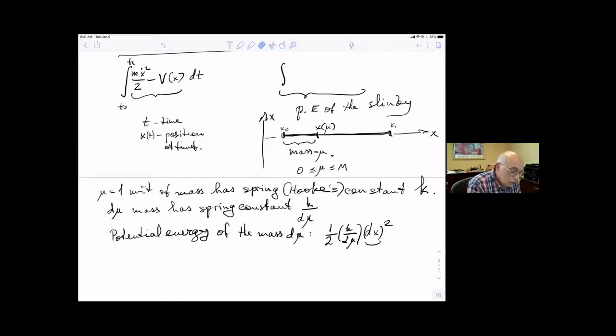Okay. So now, finally, what's the potential energy of the whole thing when I stretch it? It's the sum, which means the integral.